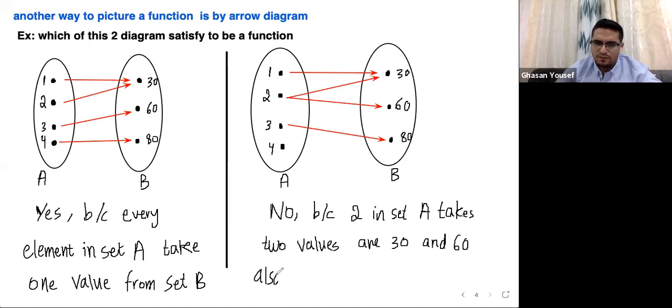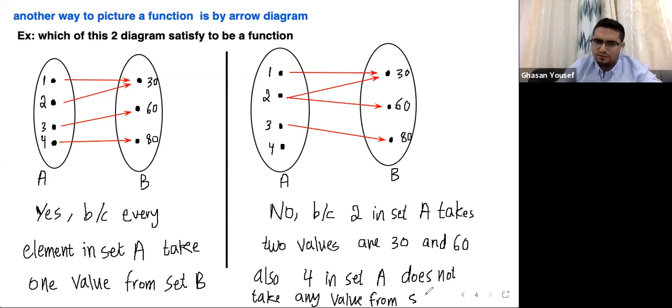Also, number 4 in set A does not take any value from set B.